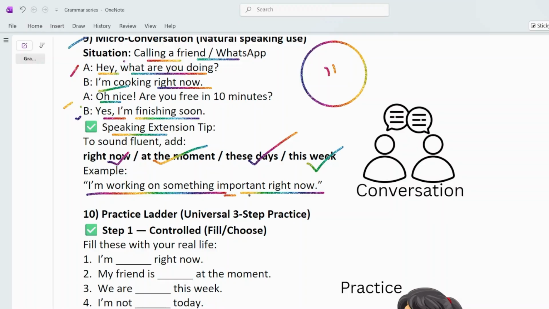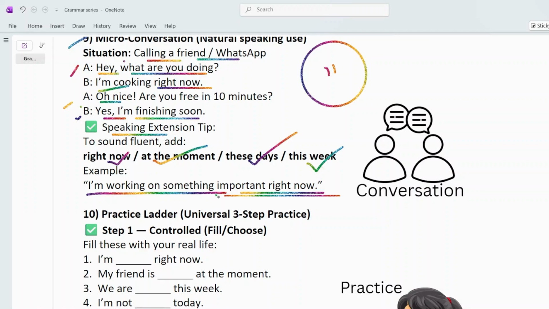What is this part doing? This part is helping you sound fluent. I'm very sorry about the diagram, let me just take it off. So what was I saying?